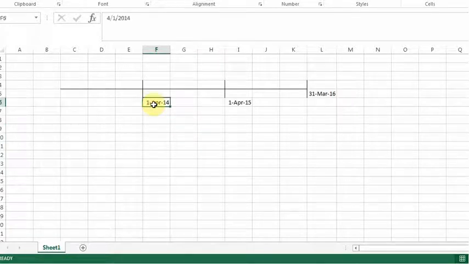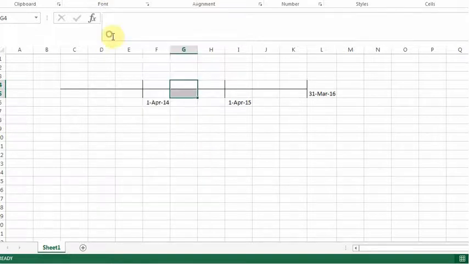So on 1 July 2014, the old vehicle was purchased, let's say, right about there. So that should then be 1 July 2014. That was the old one. So that one I will just make yellow.